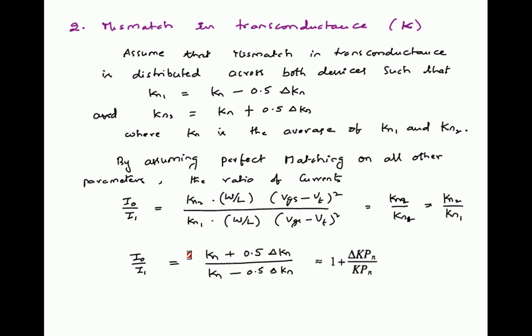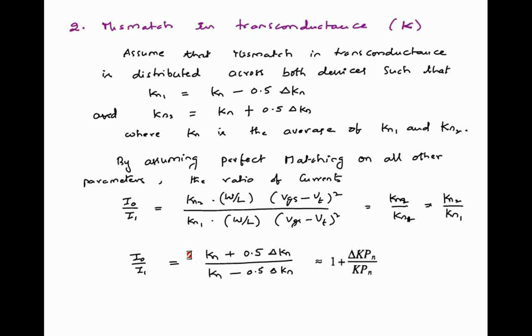Assume that the mismatch in transconductance is distributed across both devices such that Kn1 is equal to Kn minus 0.5 delta K and Kn2 is Kn plus 0.5 delta K. Again we are assuming that the mismatch is equally distributed across both transistors, where Kn is the average of Kn1 and Kn2.